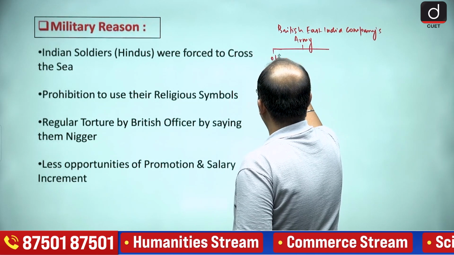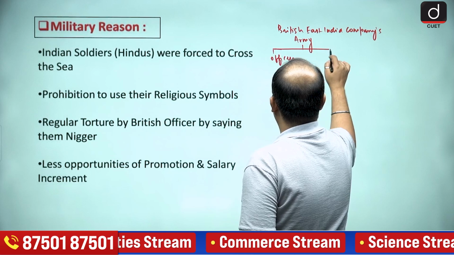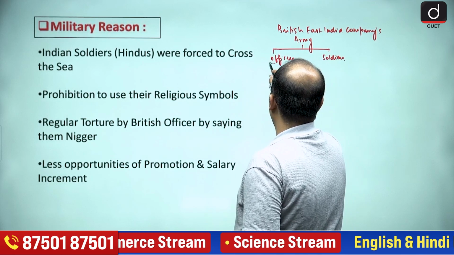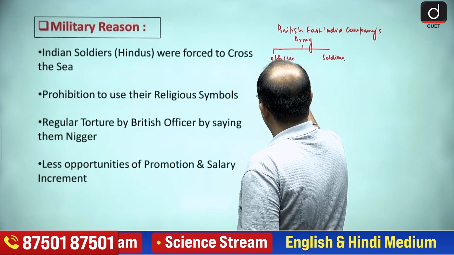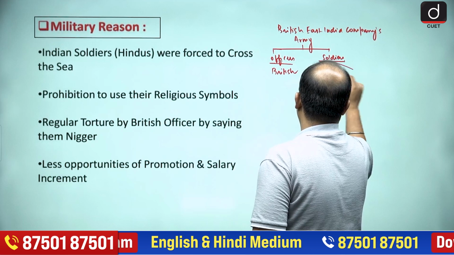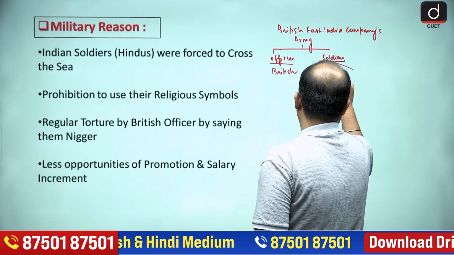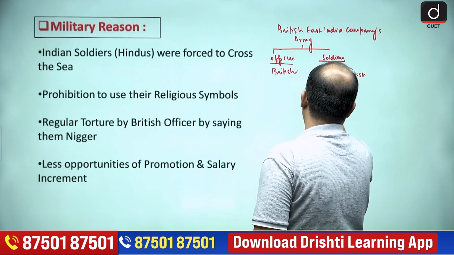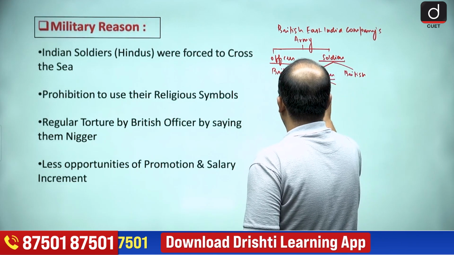One were the officers and another were the soldiers. The officers were British, and the soldiers were Indians plus British. And among the Indian soldiers especially we have Hindus and Muslims.